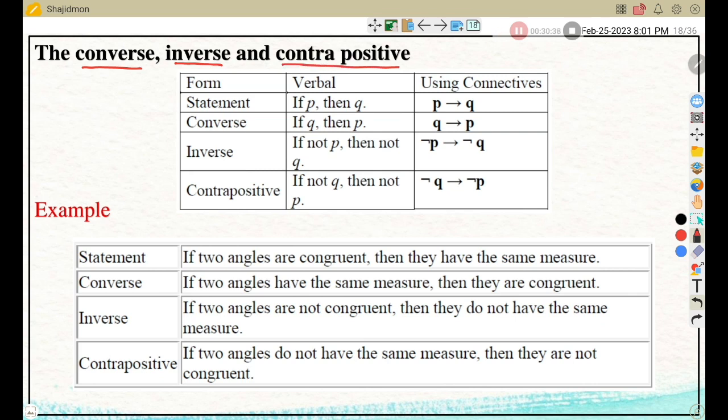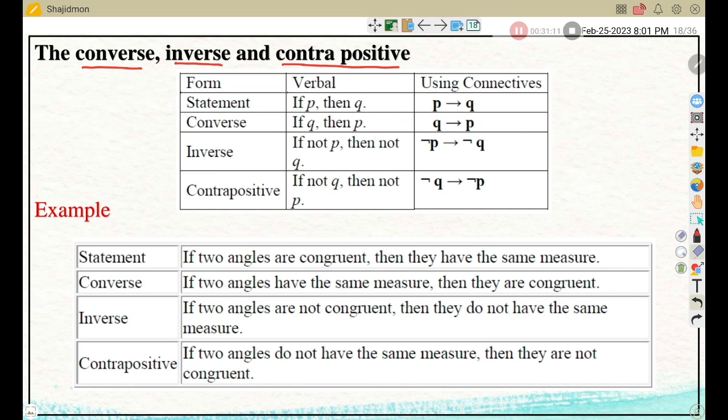For example, first I write a statement, then its converse, then its inverse, then its contrapositive. The statement is P gives Q, that means if P then Q. P implies Q means if P then Q.